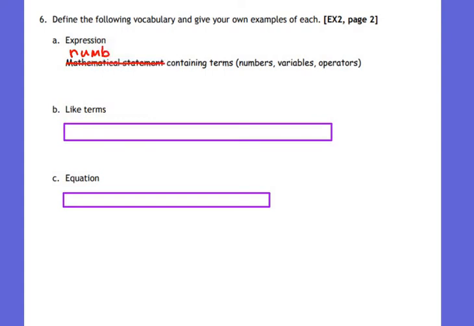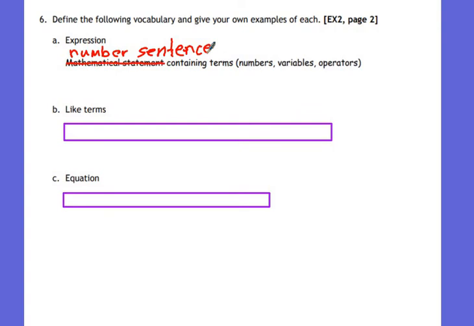Let me get my pen so I can actually write today. A number sentence containing terms. Those terms can be numbers, variables, and operators.